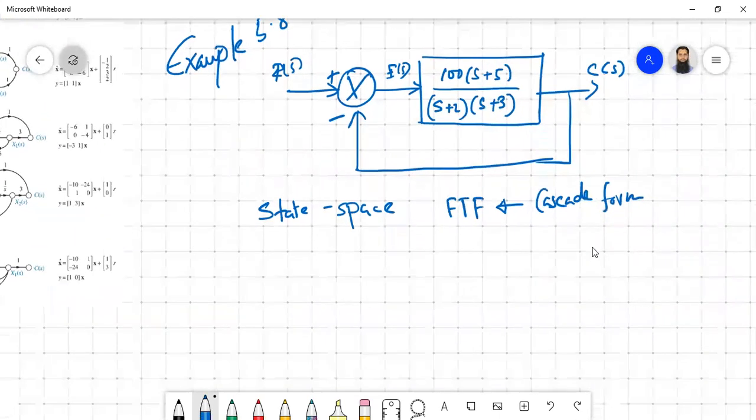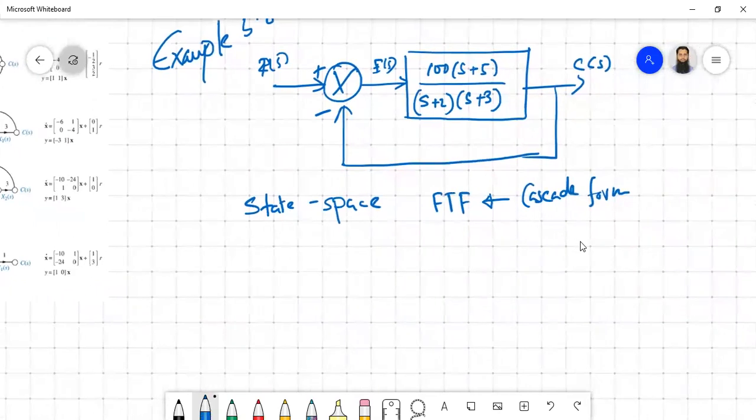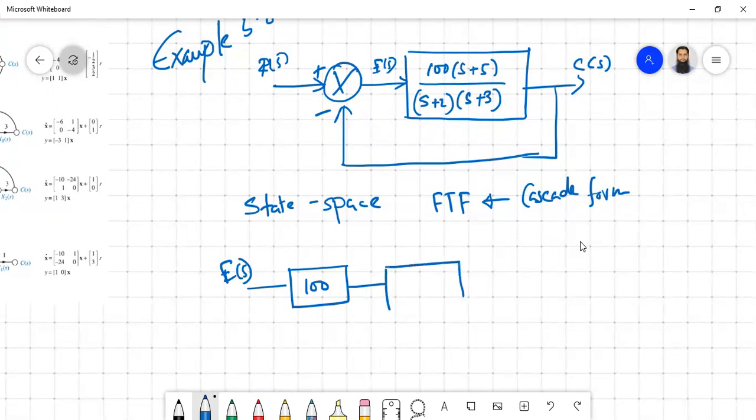Okay, so let's start the example. In the forward path, we have a gain of 100, starting from the error signal. Then in cascade form we can say 1 by s plus 2, then you can take s plus 5 divided by s plus 3 as one block.